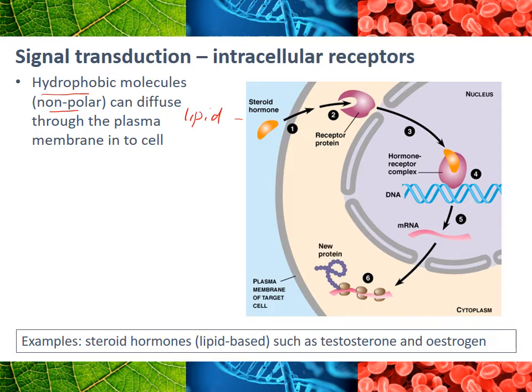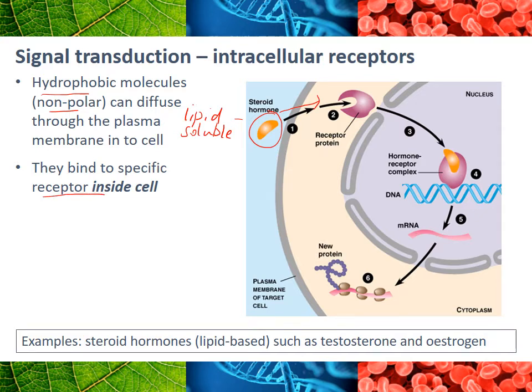So they like fat, so they can travel through the fatty acid tails of the plasma membrane. So a hydrophobic molecule, which you can see here, can go through the plasma membrane. And once it's in the cell, it can bind to a specific receptor inside the cell. Keep in mind, it still has to be specific. It has to be the right shaped receptor for that molecule.